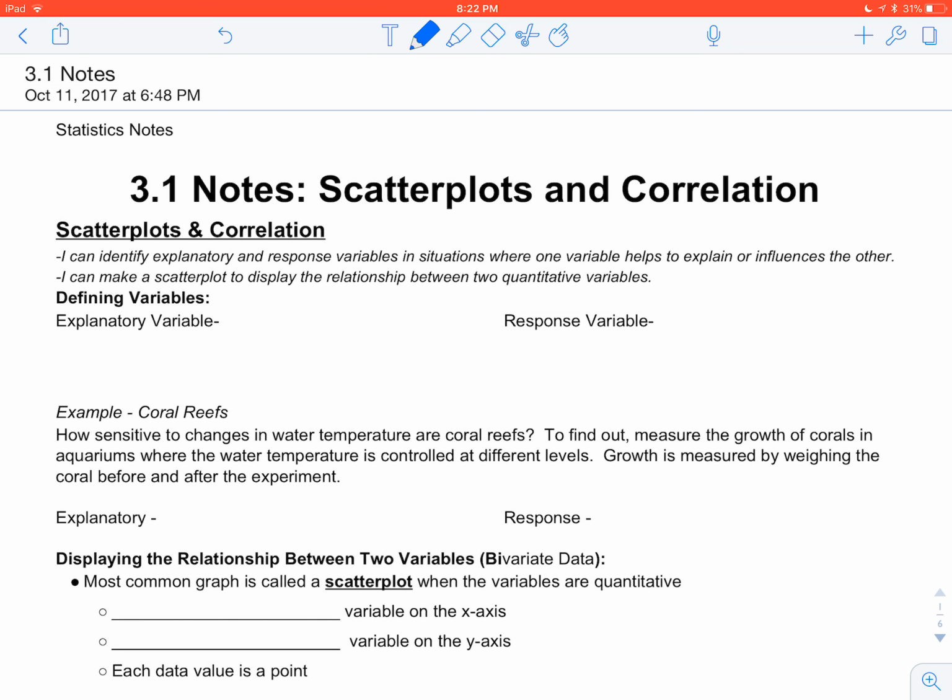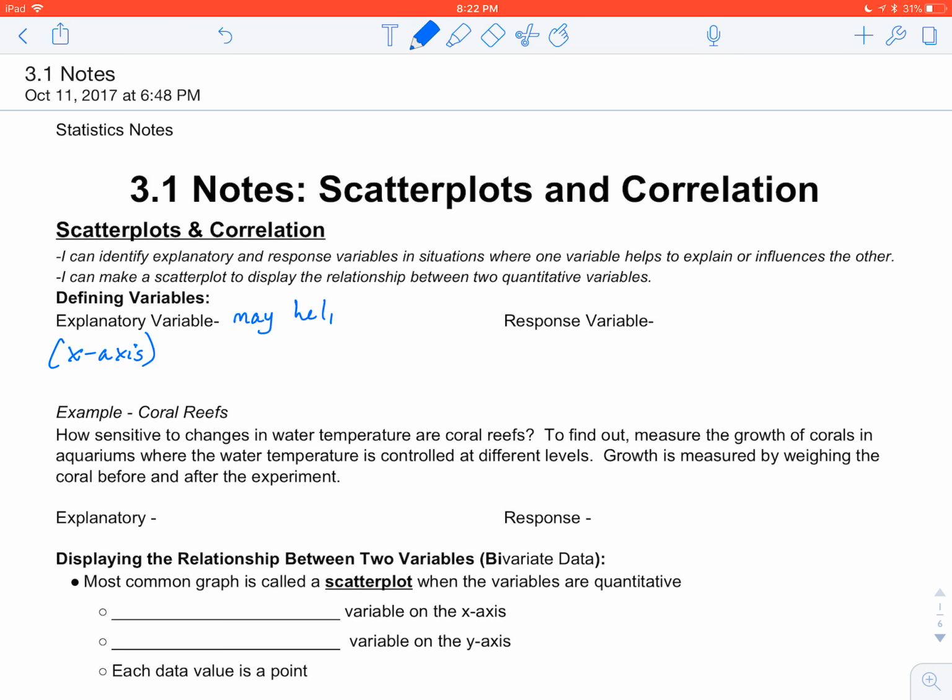These may look familiar to you after you write out the definitions as independent and dependent variables. The explanatory variable is always going to appear on the x-axis. This is very similar to your independent variable. And an explanatory variable is the root word explanatory, explain.